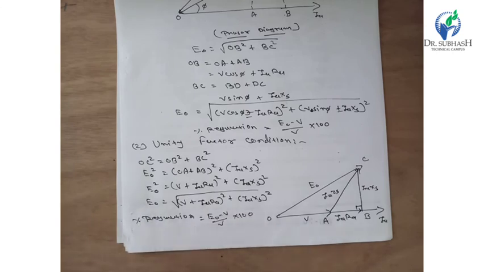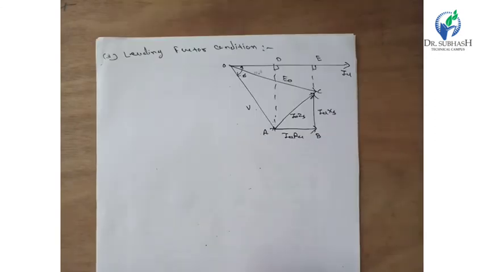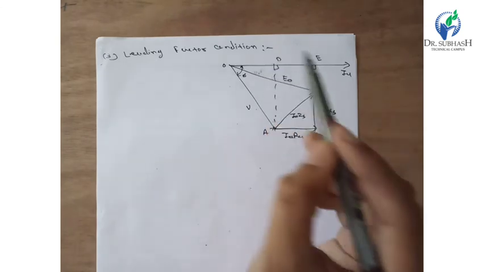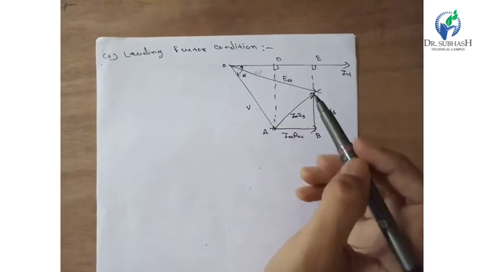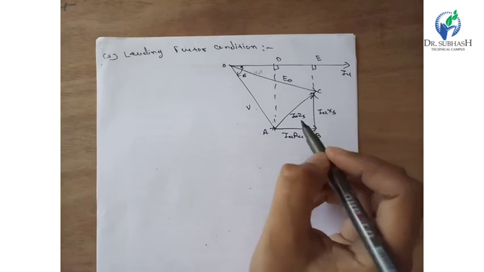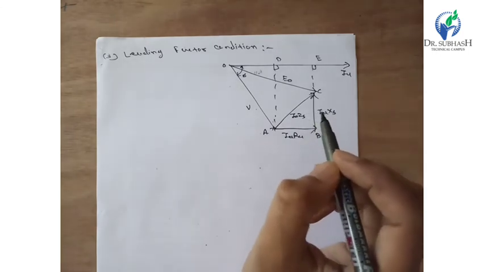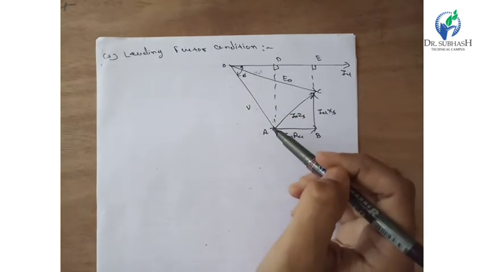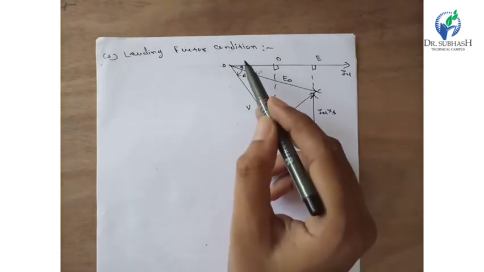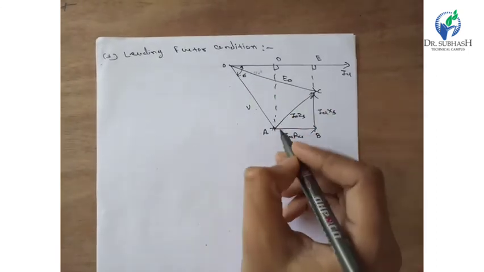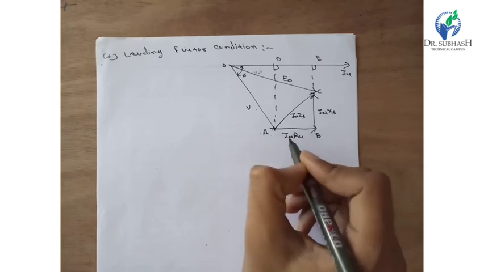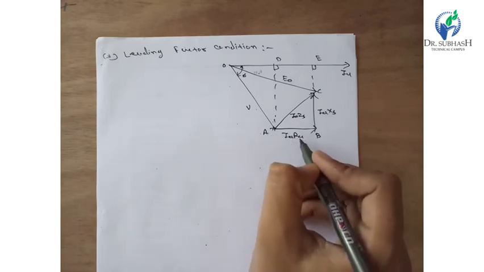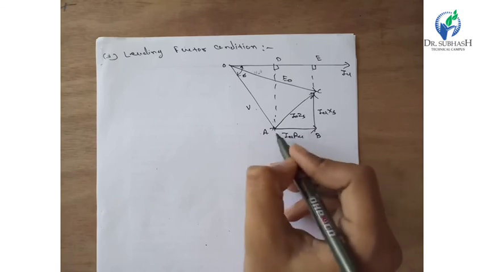Now the third point is the leading power factor condition. In this phasor diagram, the reference phasor V is drawn at some angle phi. At the origin, we draw the armature current and resistance drop, with a horizontal line between them.